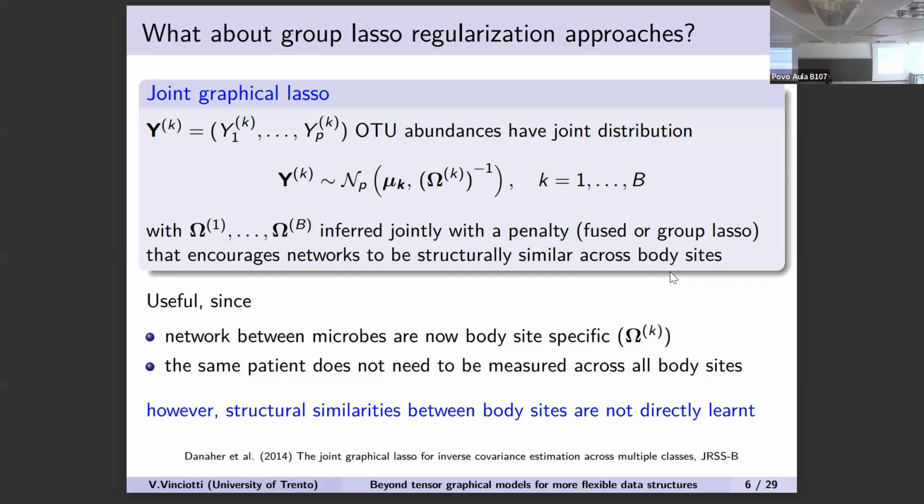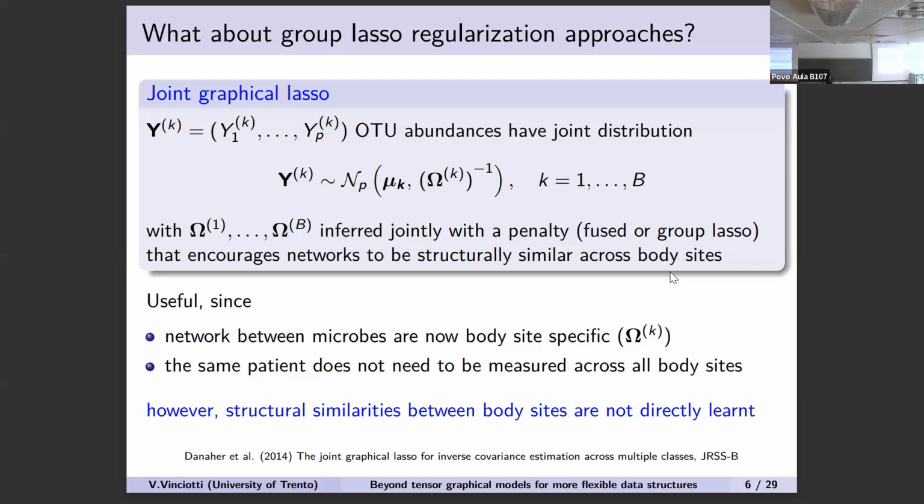Whereas in this case, this is all done a posteriori. You essentially get 13 networks, one for throat, one for saliva, and so on. Then you can say, okay, these have 50% of edges in common, this one 20%. You do it a posteriori, right? You would maybe like to do it in an overall analysis.